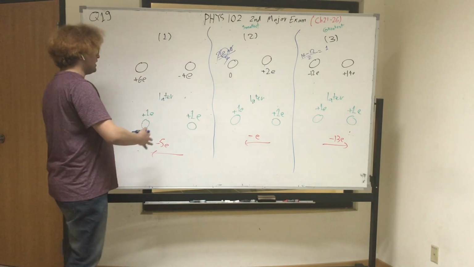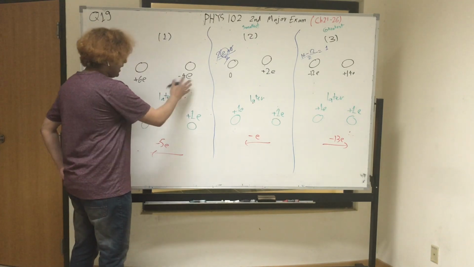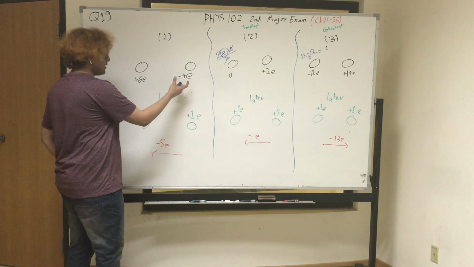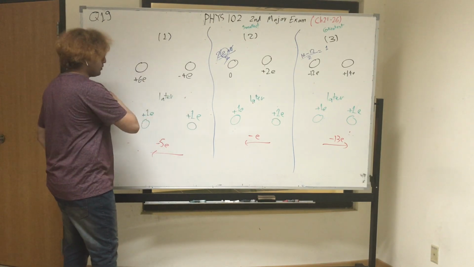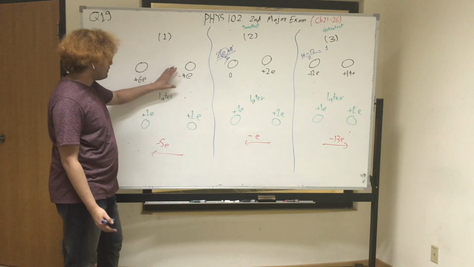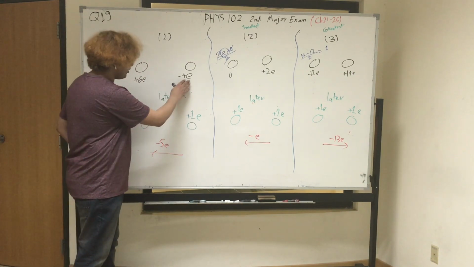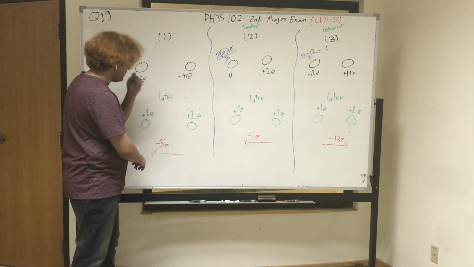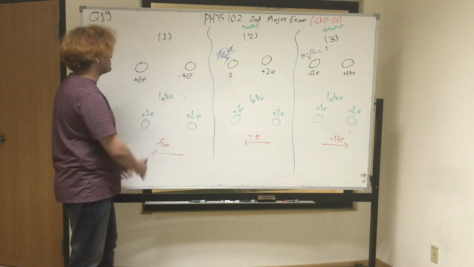we can realize that 5 negative electrons have moved from this ball to this ball. Because the only way to make this ball charged from negative 4e to positive 1e is by taking negative 5 electrons.